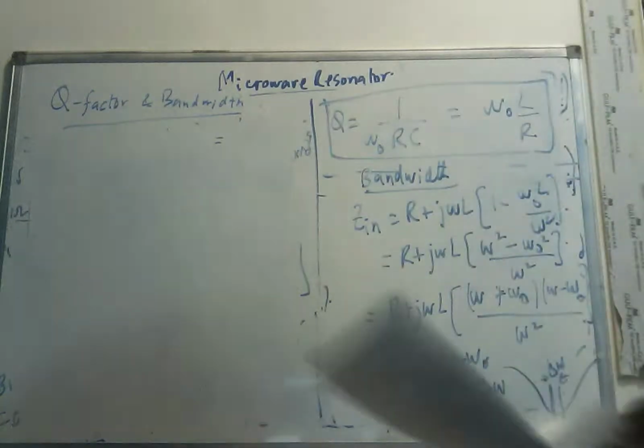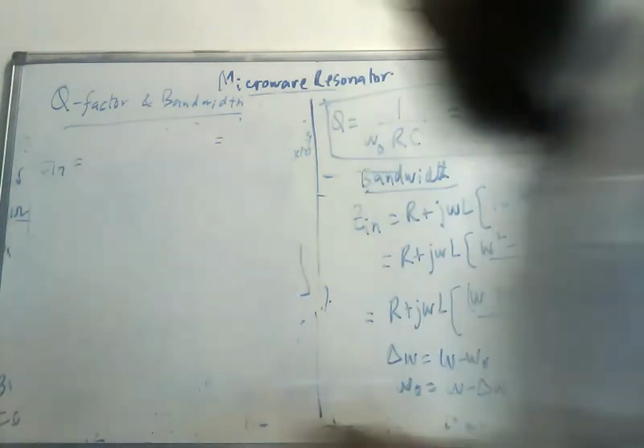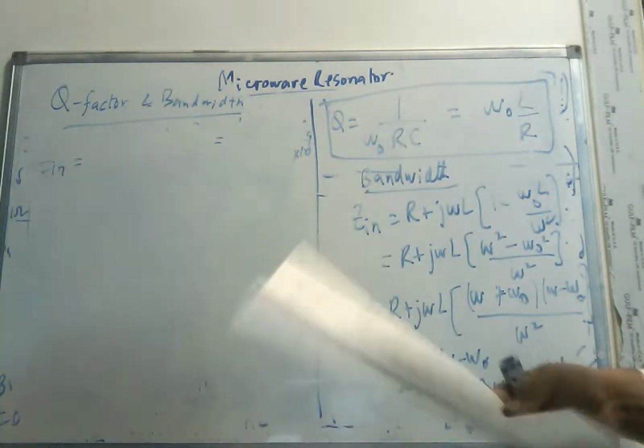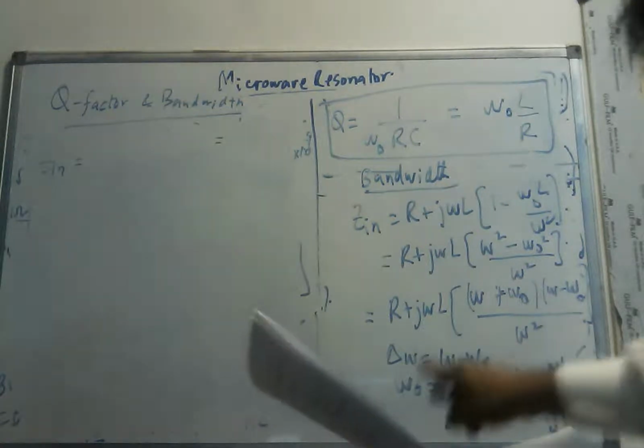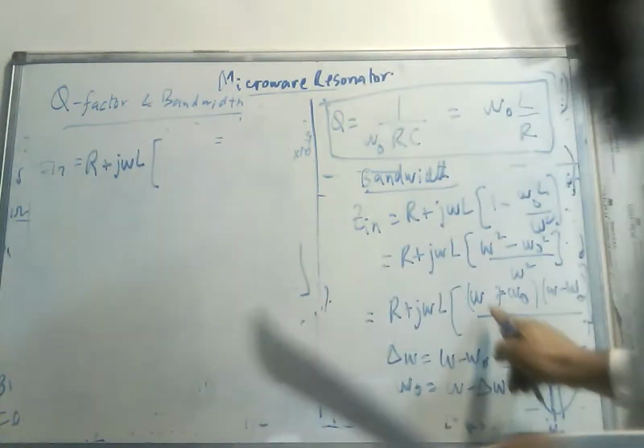So I replace here, so my input impedance is now R plus j omega L, and inside I have omega plus omega naught.